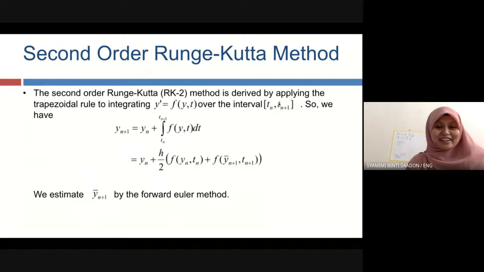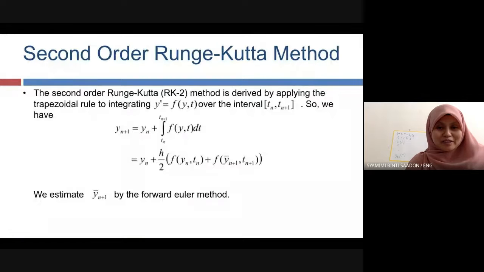Again, it's like we apply the trapezoidal rule, but this time we integrate the function, the derivation. So we have yn plus 1 equals yn and the integral of the derivative of the function.